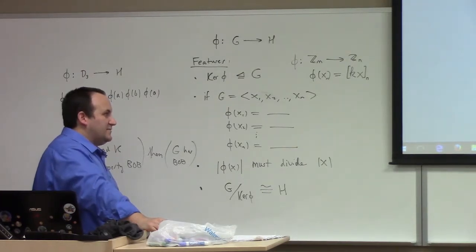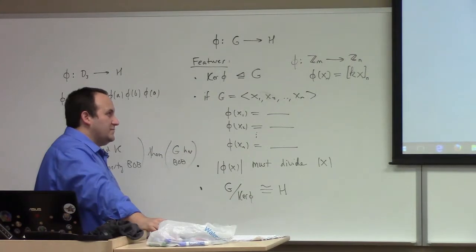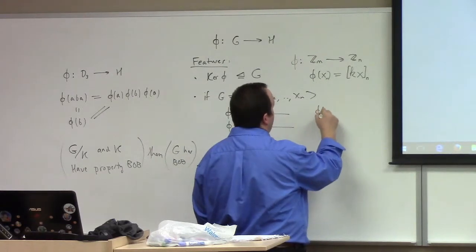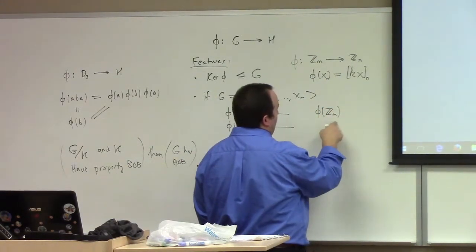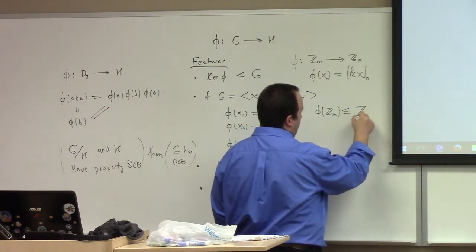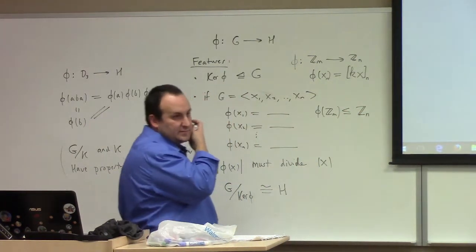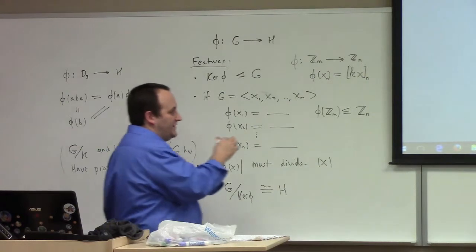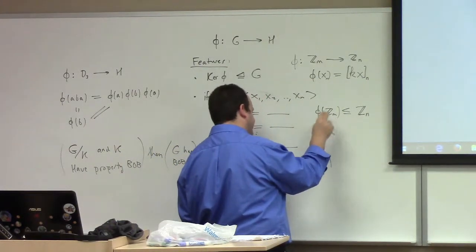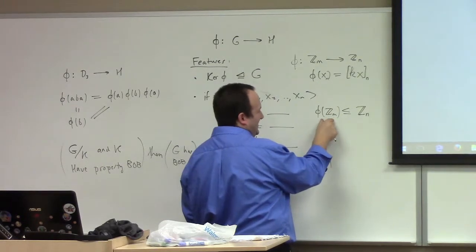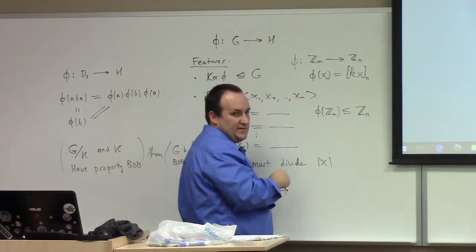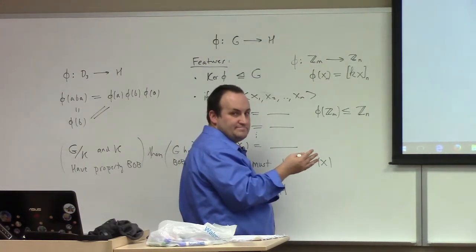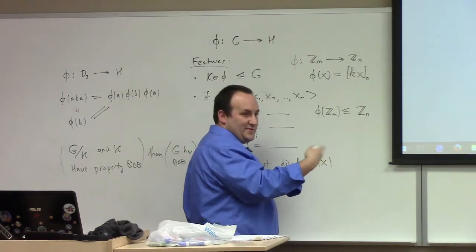Of course, the image of phi has to be a subgroup of the target group, and that's sometimes helpful. The domain is cyclic, right? Z_m is generated by 1, then 2, 3, 4, all the way up to m.